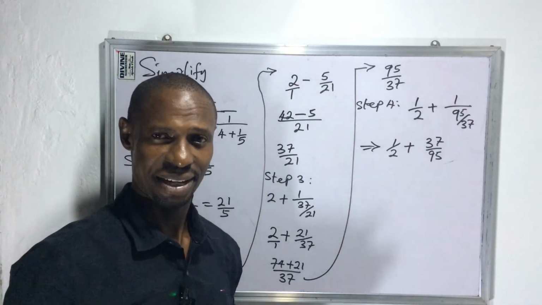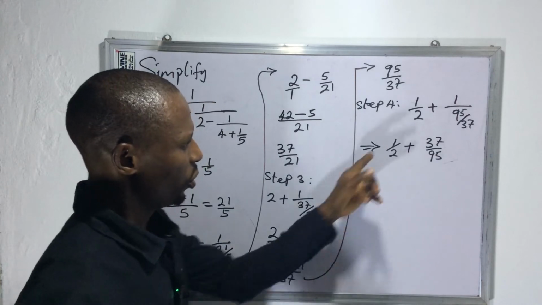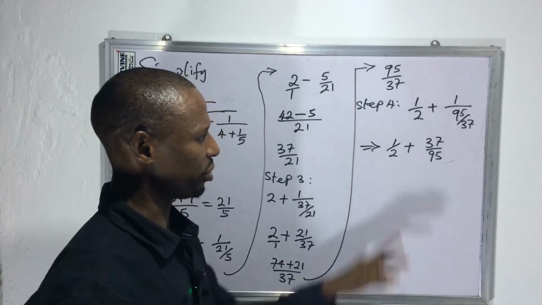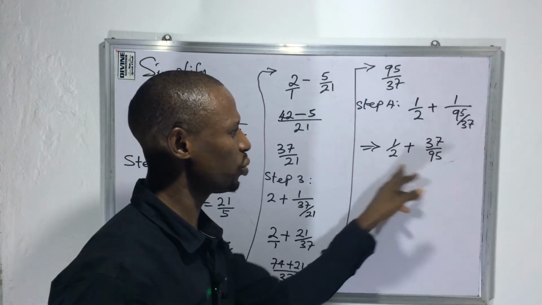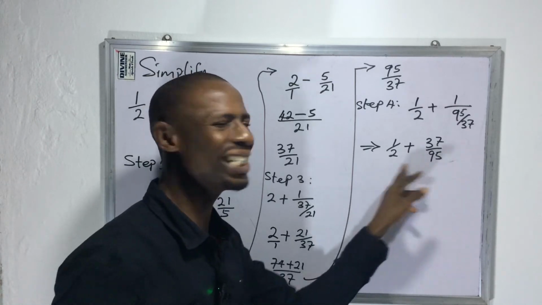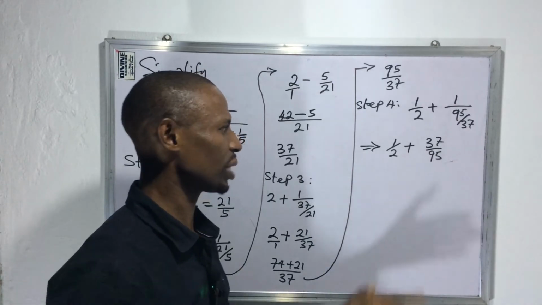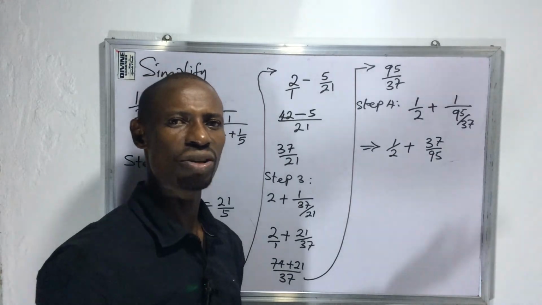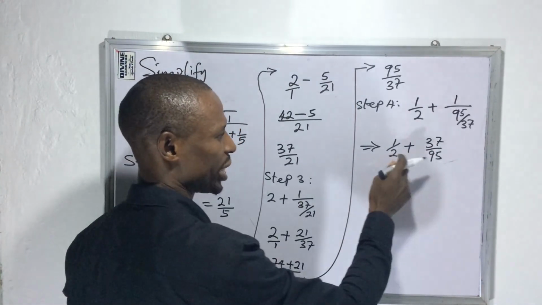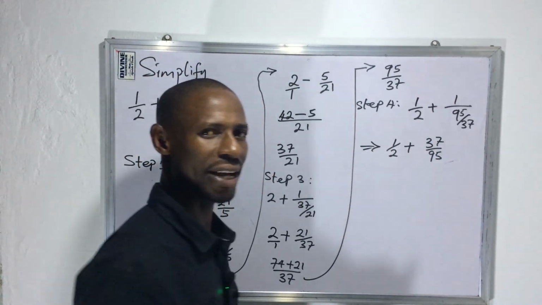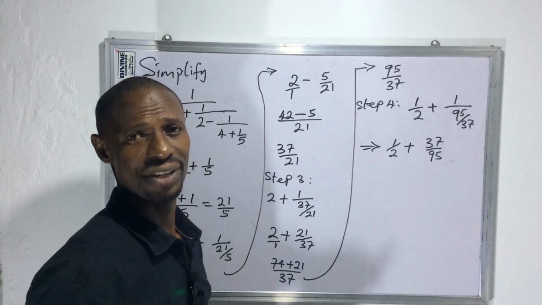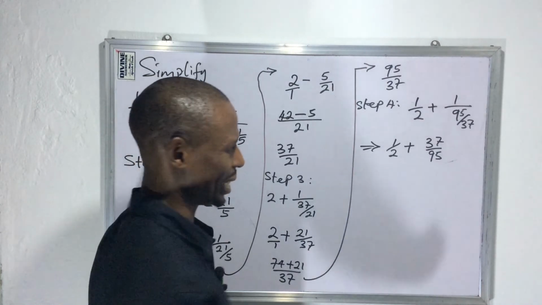Simple. Now, mind you, like I told you earlier, because these two fractions do not have the same denominator, we cannot add them until we make the denominators the same. So we look for the LCM of 2 and 95, and the LCM of 2 and 95 is 190.